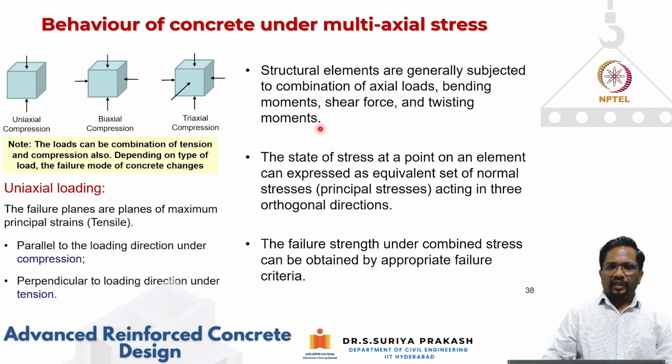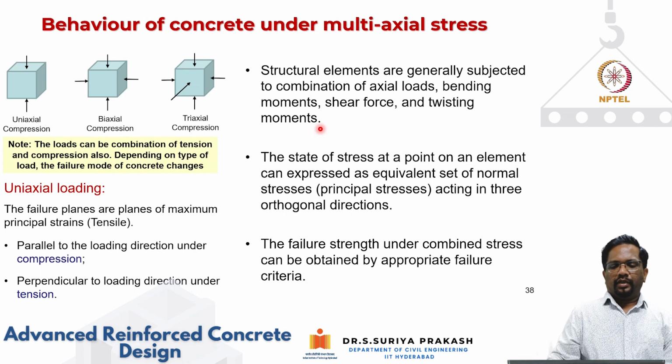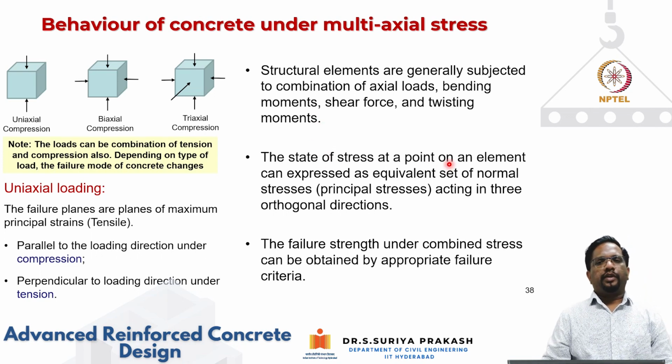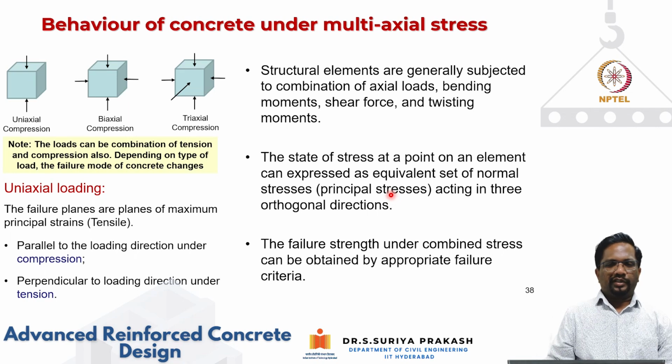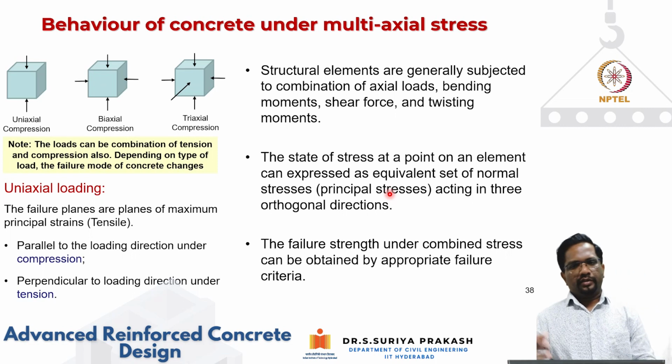You must have studied in your advanced structural mechanics or strength of materials, the state of stress at a point on an element can be expressed as an equivalent set of normal stresses, principal stresses acting in three normal directions. So, stress at a point, you know that in a Cartesian coordinate system, you will have sigma xx, sigma xy, sigma xz, similarly sigma yx, sigma yy.